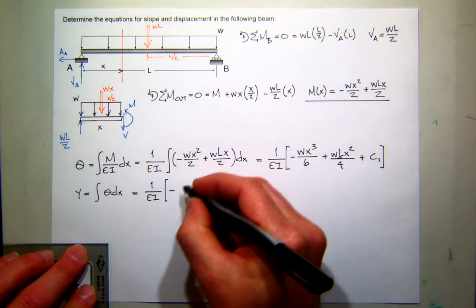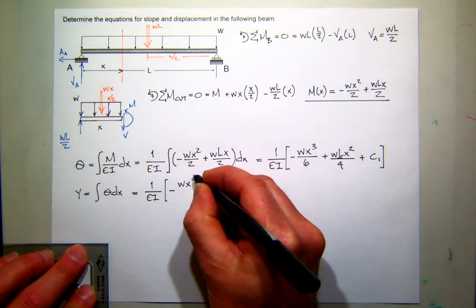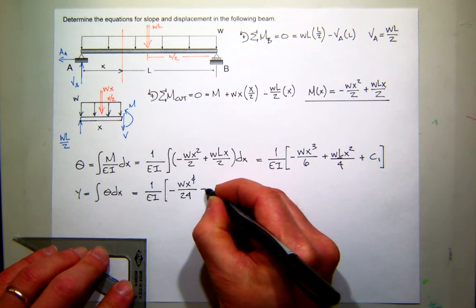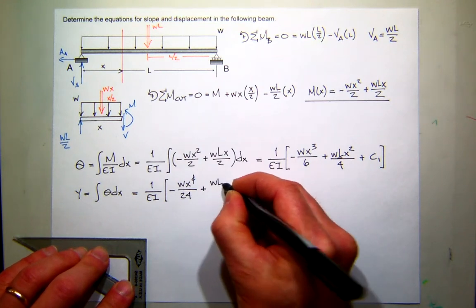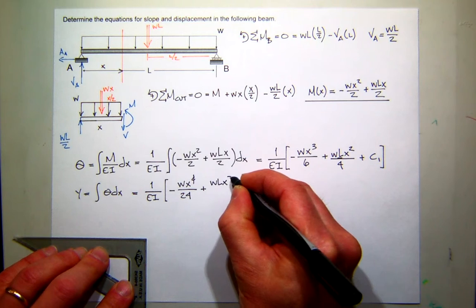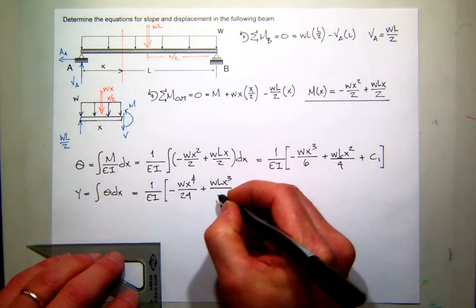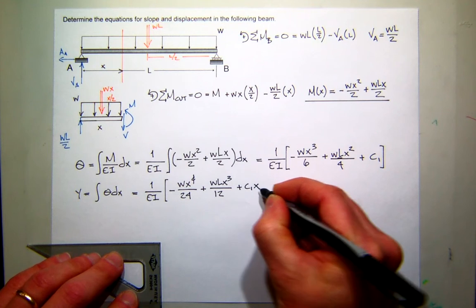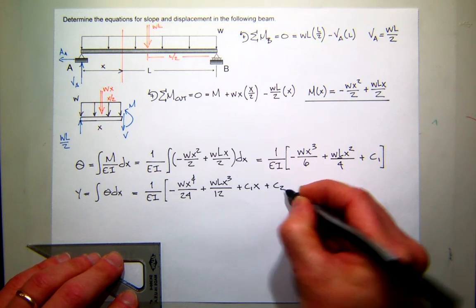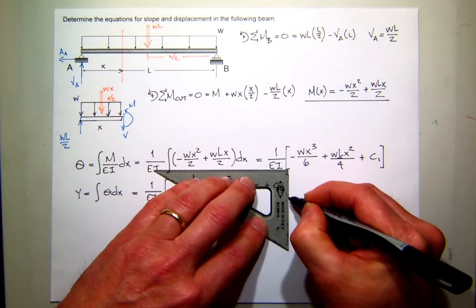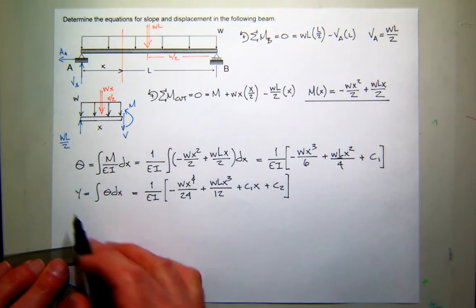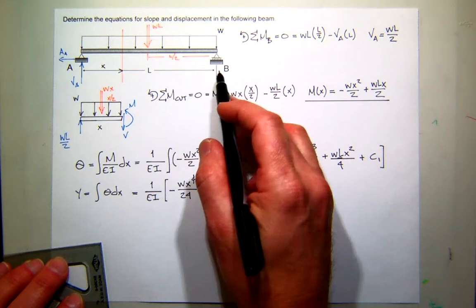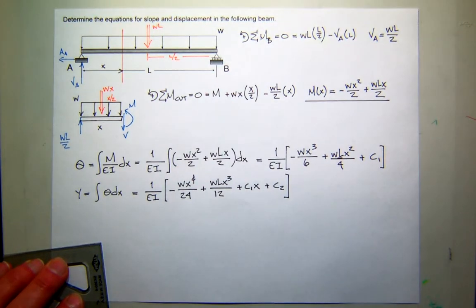So the first thing I get is WX to the 4th over 24 plus WLX cubed over 12 plus C1X plus C2. So I have an equation for displacement that has 2 constants in it, but I have 2 conditions to match it. So we're okay.